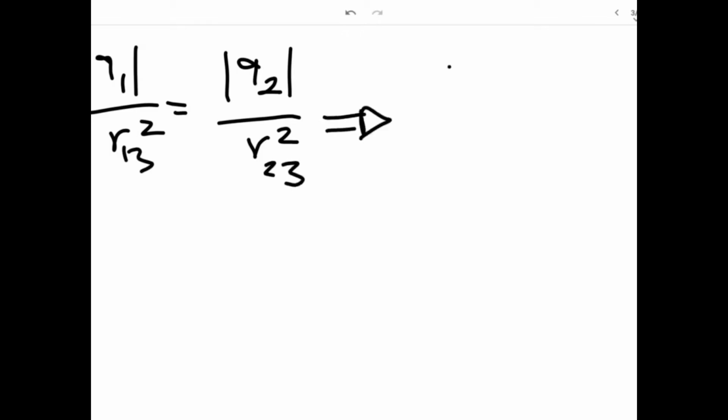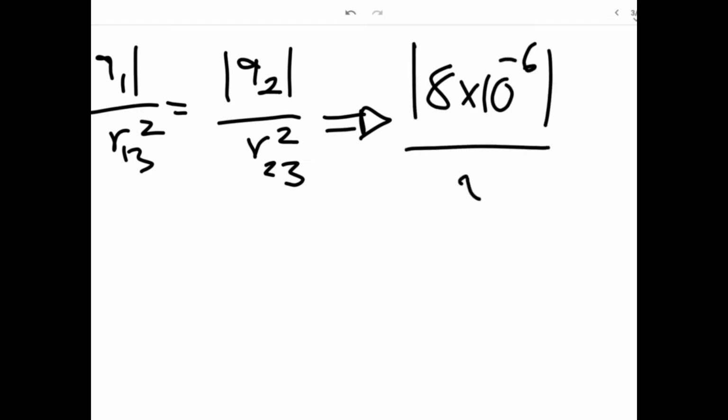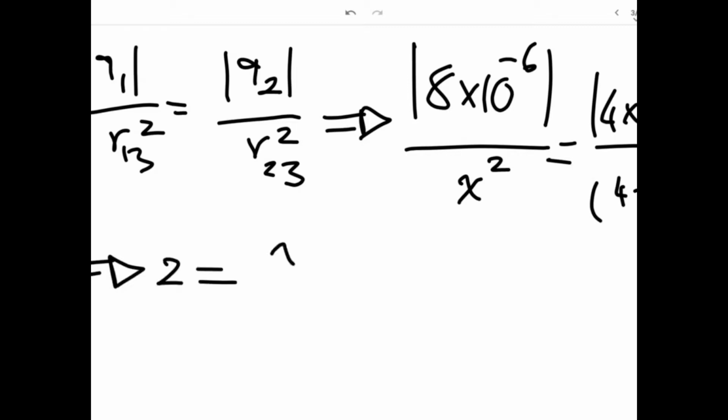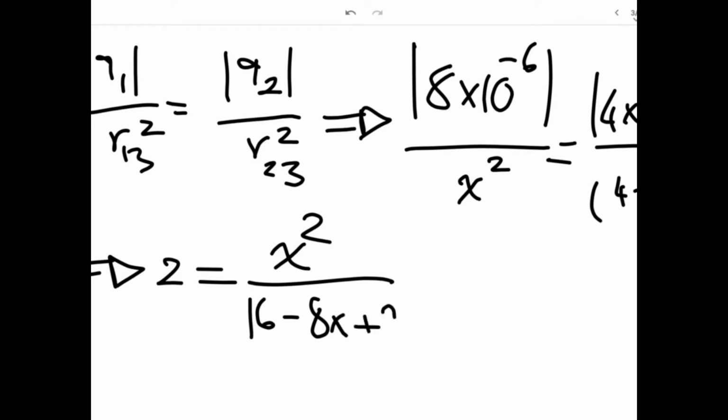So you have 8 times 10 to the power of minus 6 over X squared is equal to 4 times 10 to the power of minus 6 over 4 minus X squared, and that will give you 2 is equal to X squared over 16 minus 8X plus X squared.